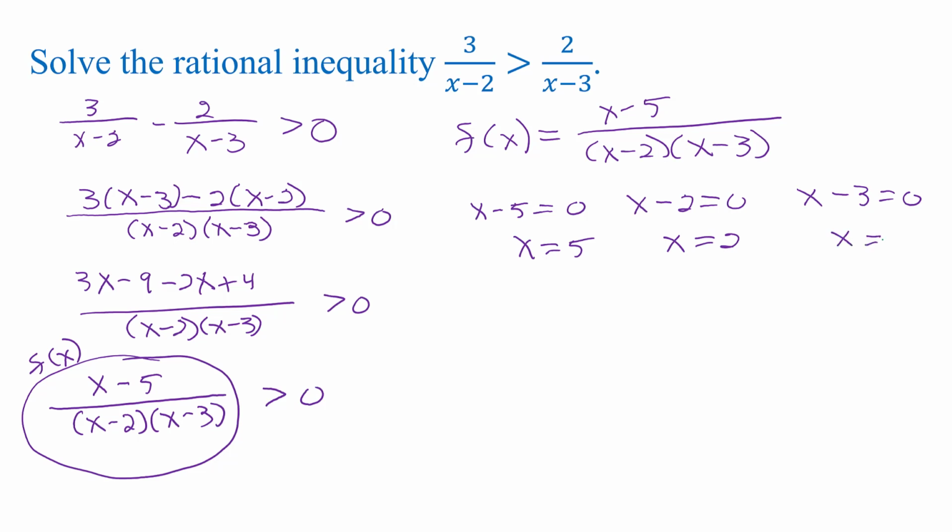And these numbers will be the endpoints of solution regions when we solve this inequality. Let's draw a number line. Put these three numbers on the number line, 2, 3, 5. And then I'm going to identify, well, x equals 5 comes from the numerator, so we would have a 0 at x equals 5. x equals 2 and x equals 3 come from the denominator of f of x, so would be undefined function values for those x values.